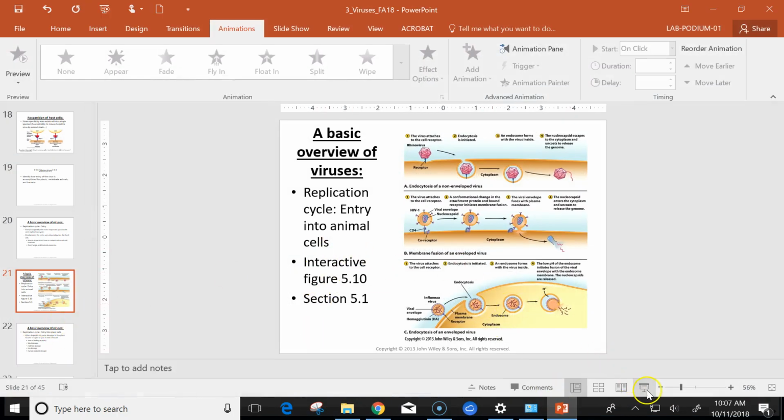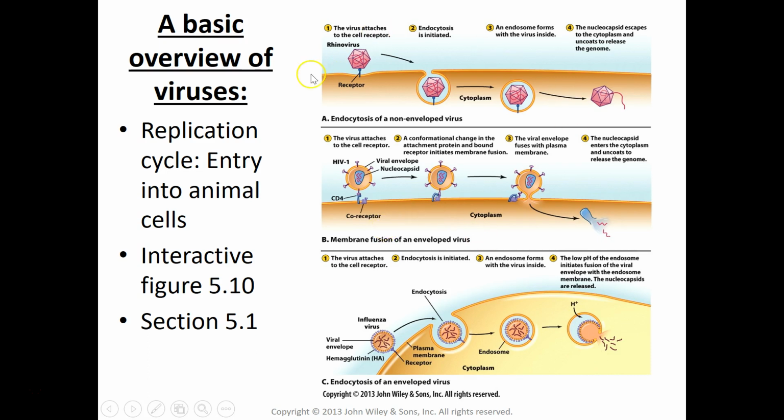So in summary, if you have a naked virus, a non-enveloped virus, it can bind to the receptor and induce endocytosis. That can even happen with enveloped viruses, but to get out of the endosome, the envelope actually fuses with the membrane in the uncoating process.